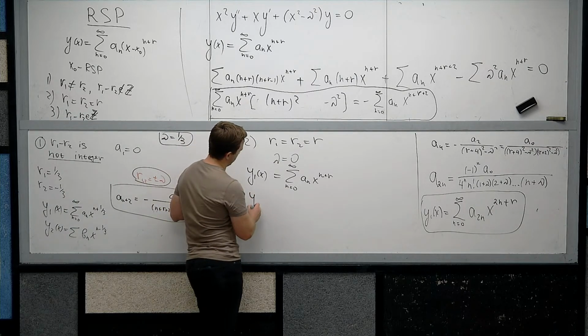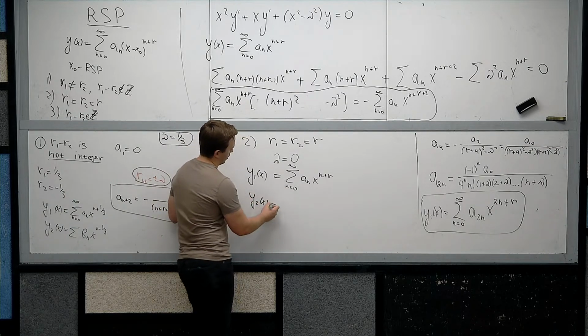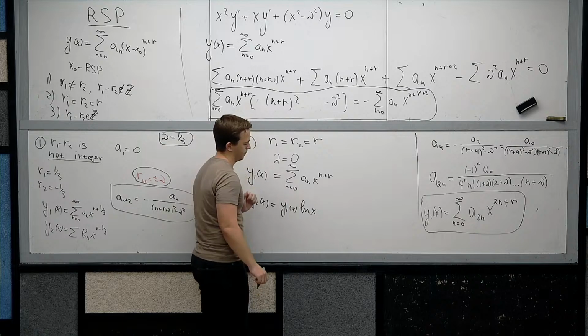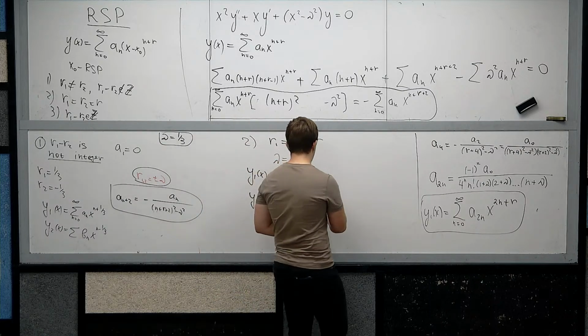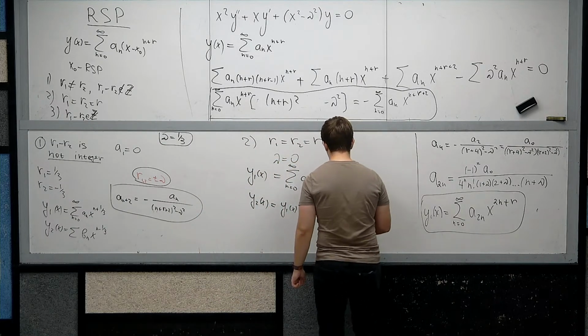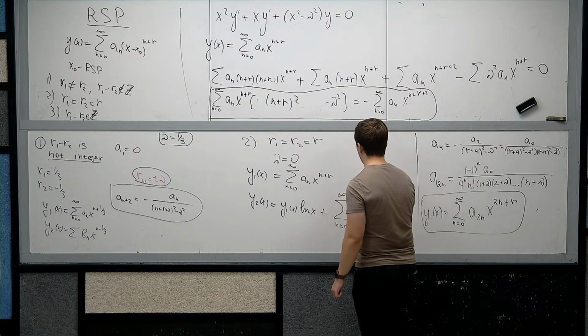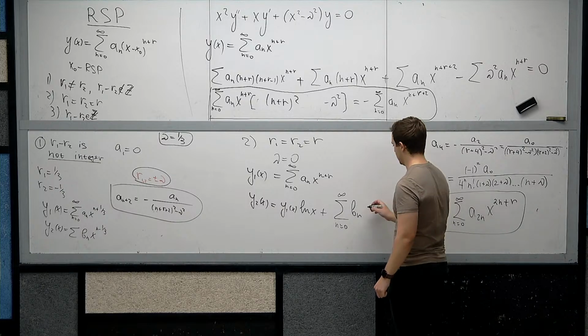The second solution will look like y1 of x ln x plus the same series, but of course with different expansion coefficients.